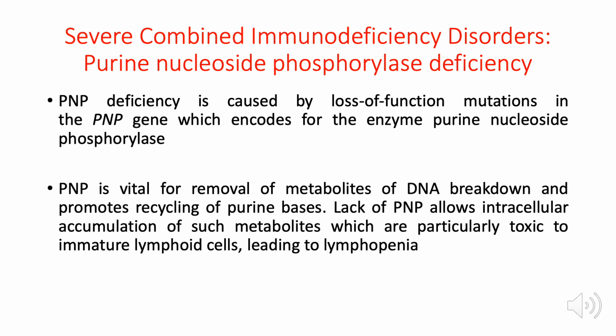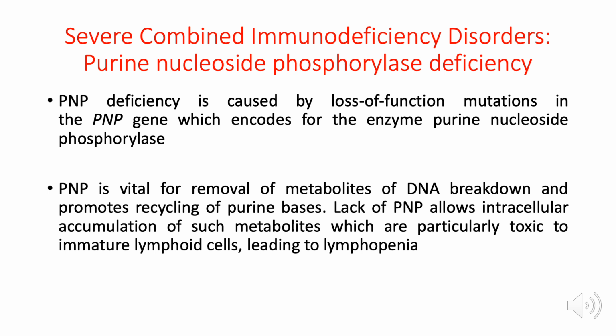Another form of severe combined immunodeficiency disorder is the absence or deficiency of the purine nucleoside phosphorylase enzyme. The main reason behind this one is the mutation in the gene PNP. PNP gene encodes for the purine nucleoside phosphorylase enzyme. Now, what will be the consequence if this enzyme will go missing?